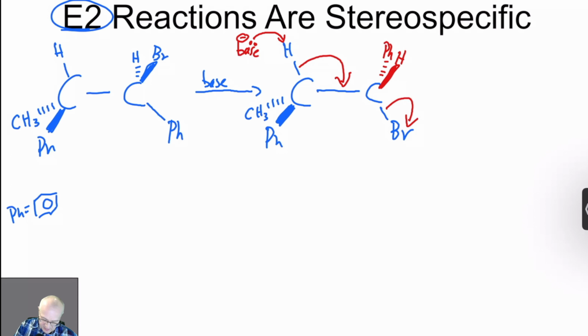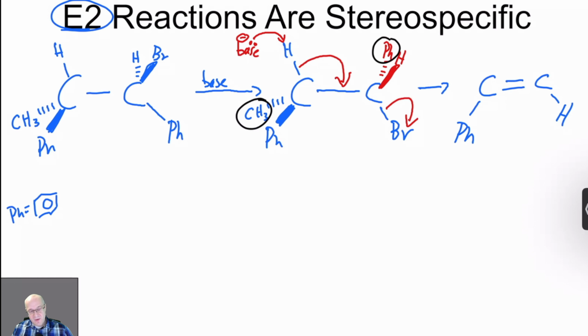So in the alkene that results from this reaction, I need to draw the phenyl ring on the left carbon and the hydrogen on the right carbon, both facing the same direction. Doesn't matter if it's up, doesn't matter if it's down, but they're facing the same direction. If you look at the methyl group here, it's got dashes, and so does the phenyl ring.